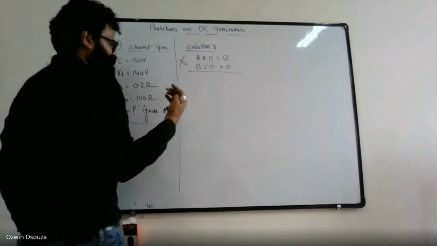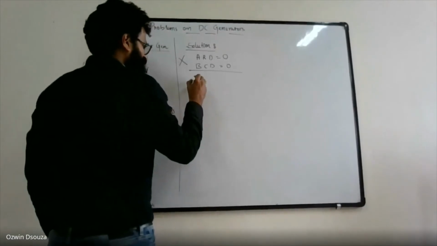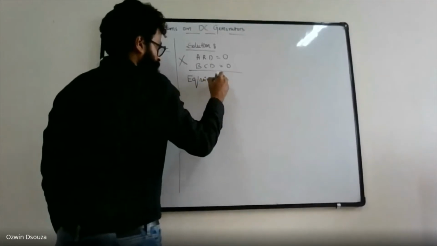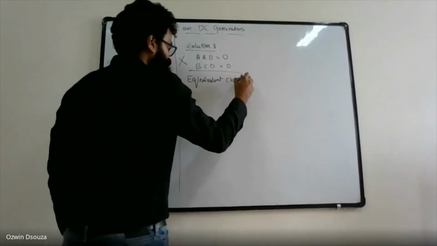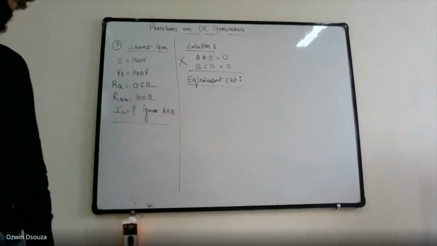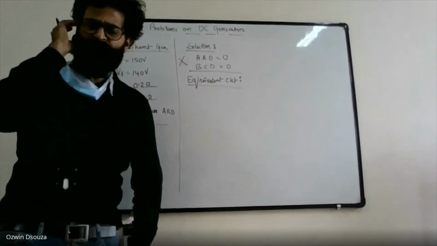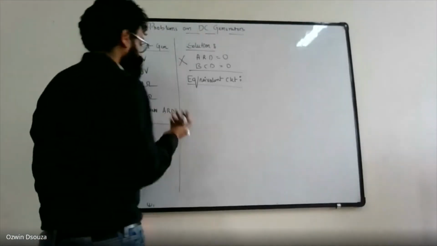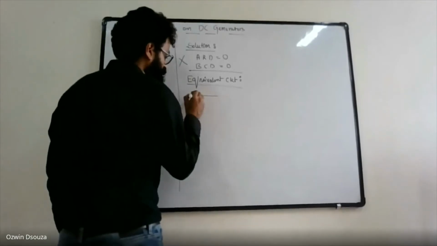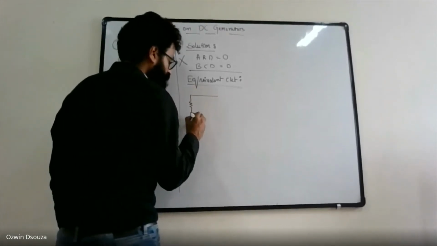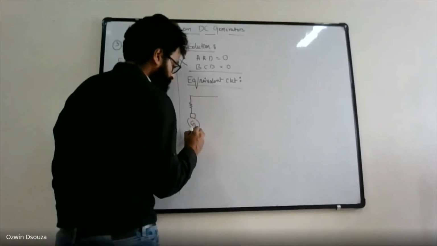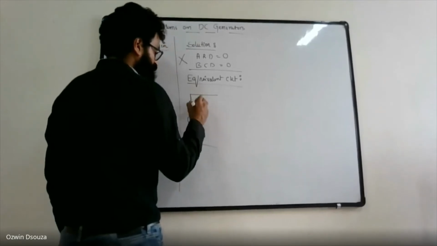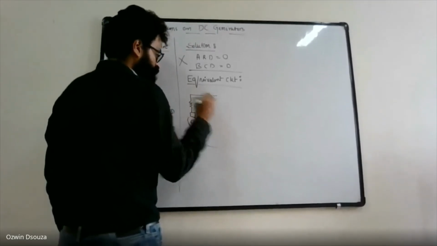Now, instead of writing a straightforward equation, let me draw the equivalent circuit. Always, such problems need to be solved with the help of an equivalent circuit. That creates a lot of clarity while solving the problem. So the equivalent circuit is constructed. So this is A double A, this is RA. RA is 0.2 ohm.